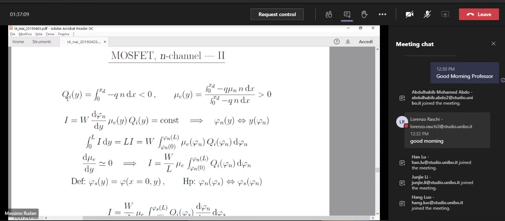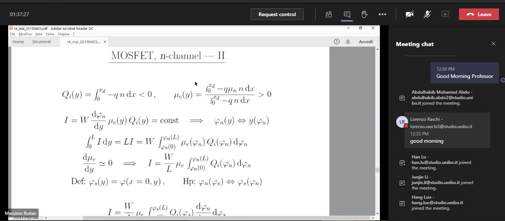Now, we introduce an average mobility that we call mu of the electrons, mu sub e.